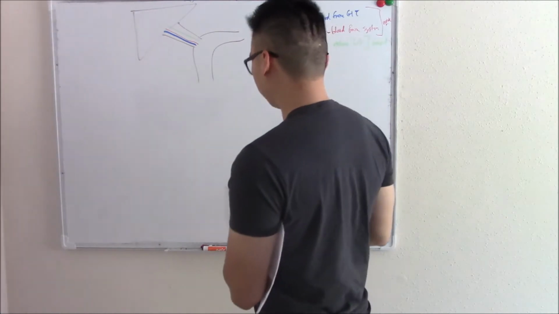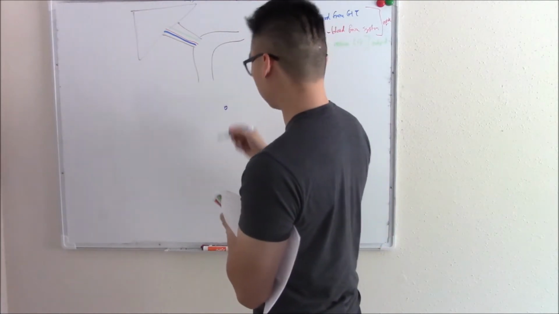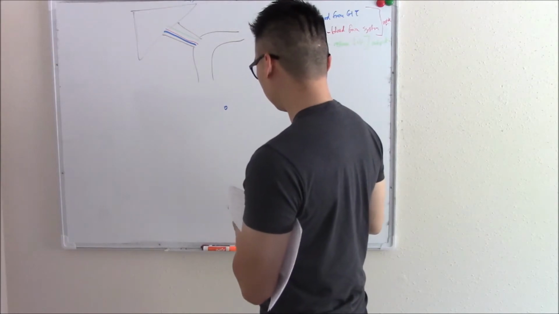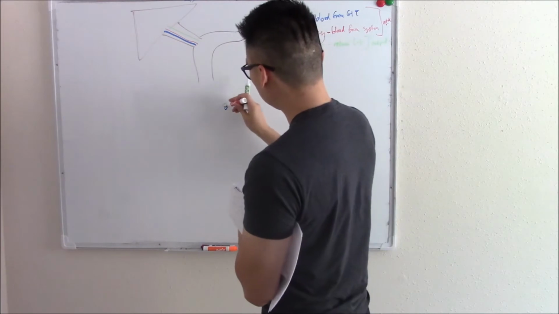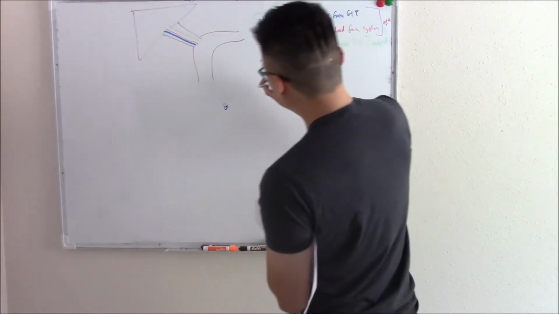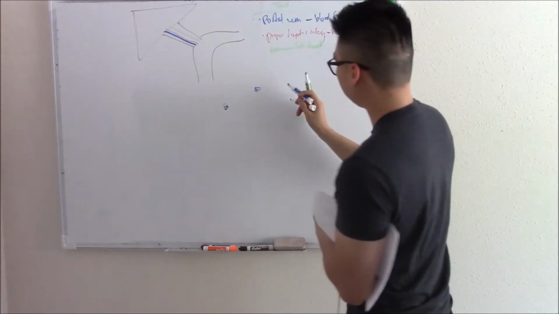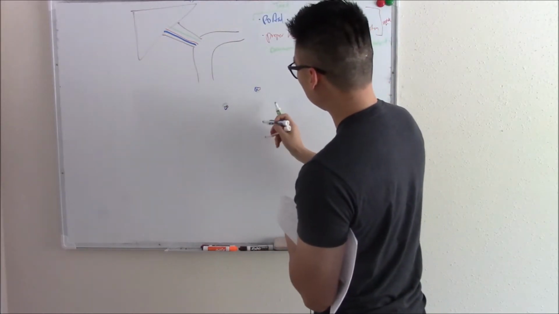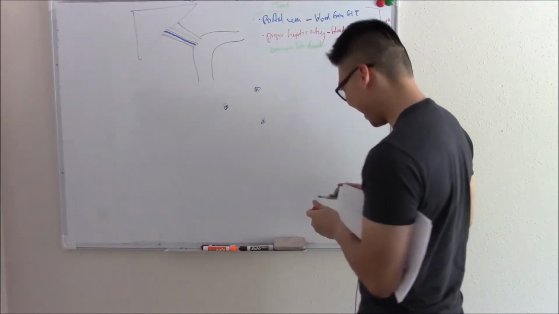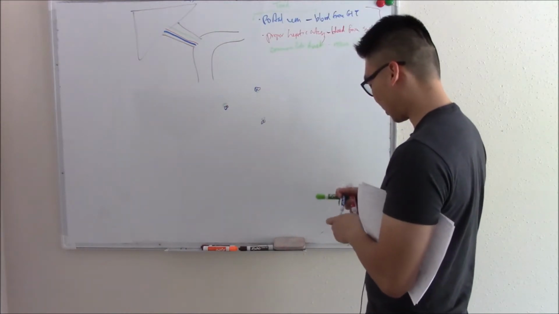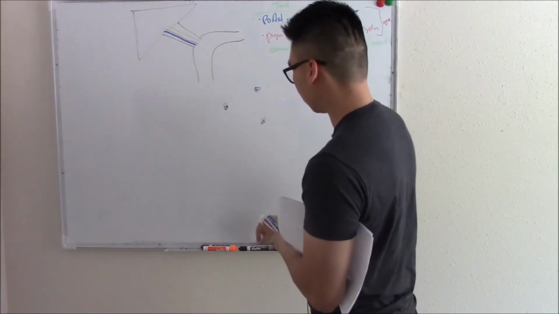So if we draw it out, we'll say here's a triad. There's got to be a better way, but we'll say these are your triads. Then your liver cells will circle around these triads because they're so important.